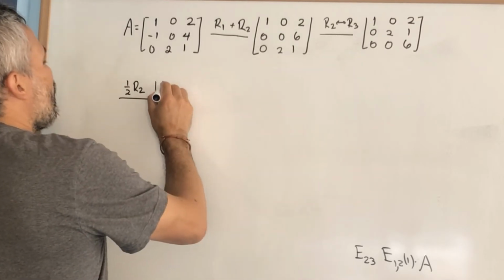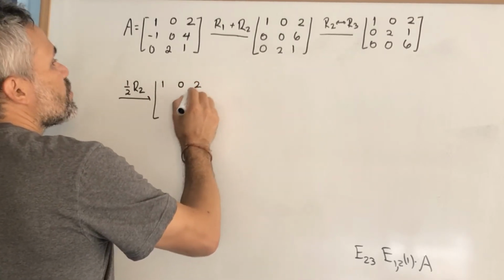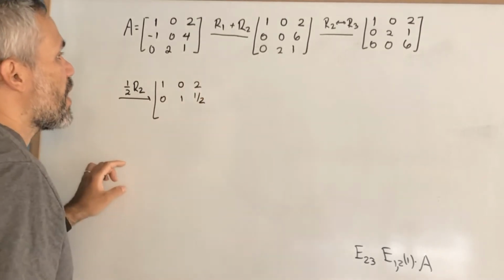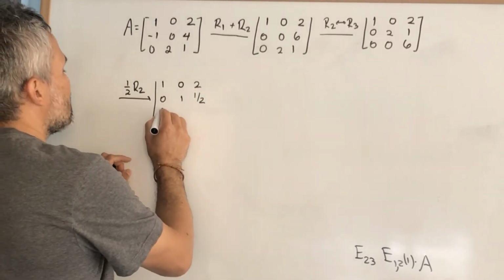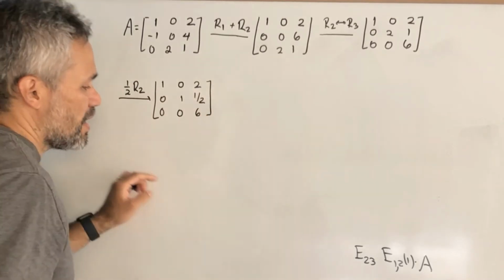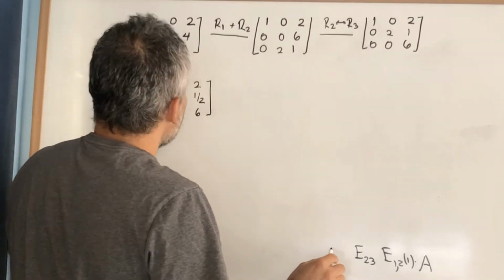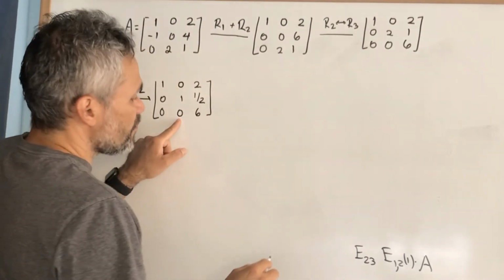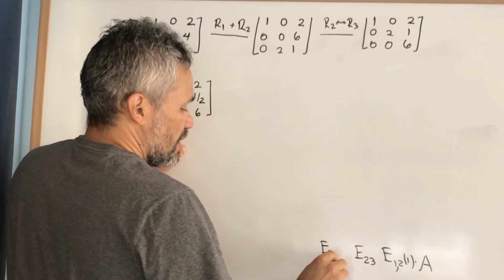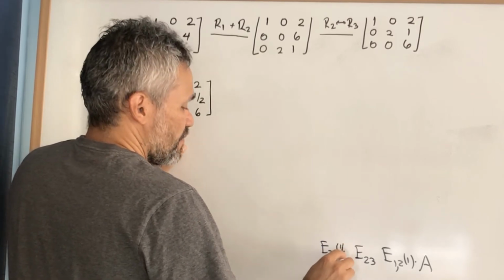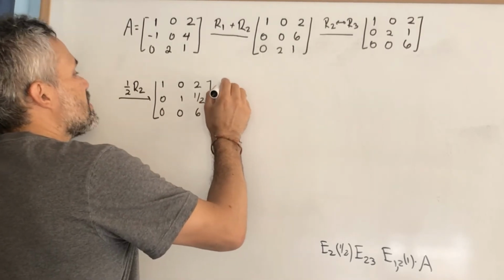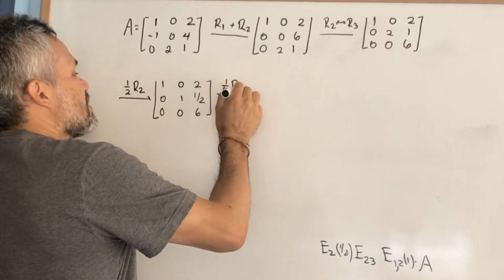And we have 1, 0, 2, 0, 1, 1/2, and 0, 0, 6. And then that means that this matrix is equal to this matrix times E2 of 1/2. And we can put a 1 here. And then this is 1/6 of R3.